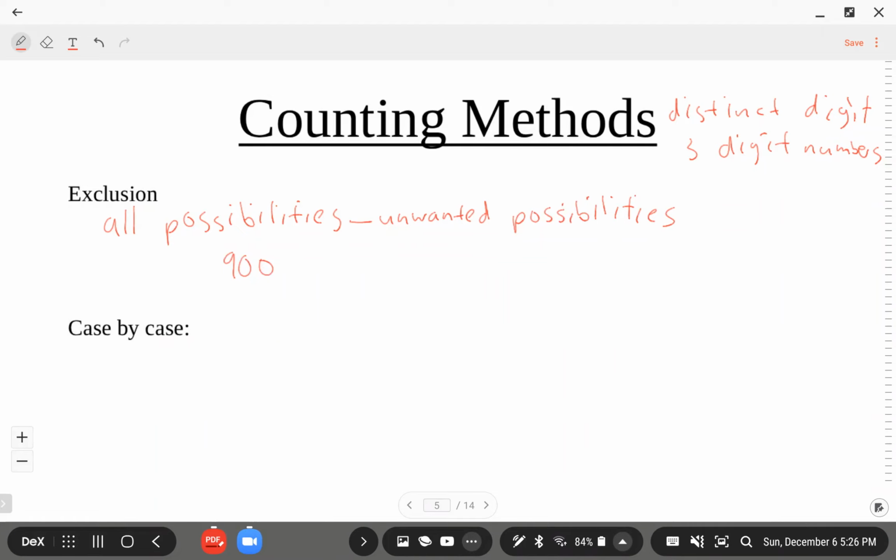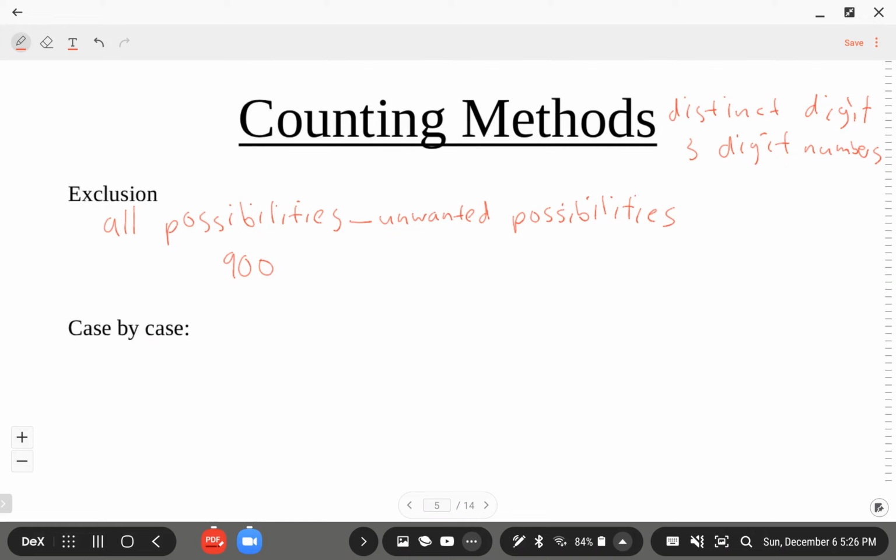minus our unwanted possibilities. Our unwanted possibilities would be numbers where digits are the same. Like our earlier example, 300, that would be an unwanted possibility because that doesn't have distinct digits.